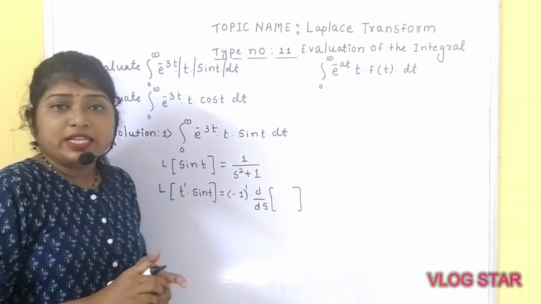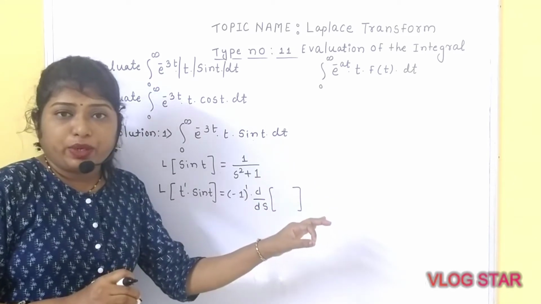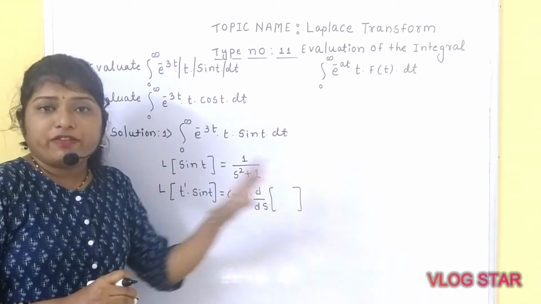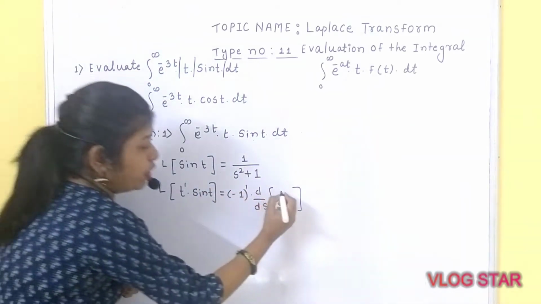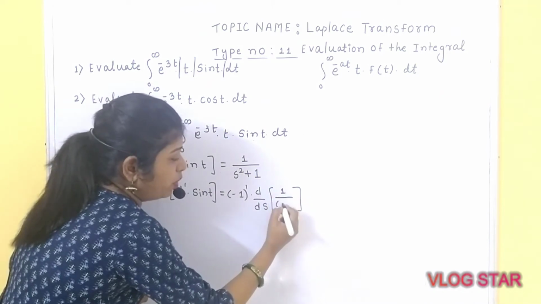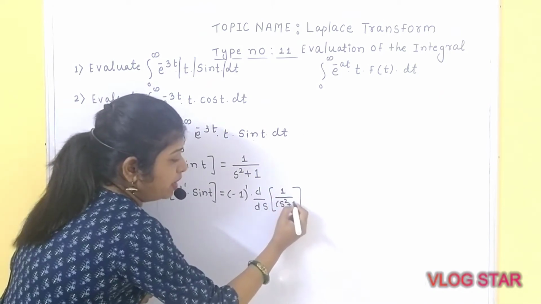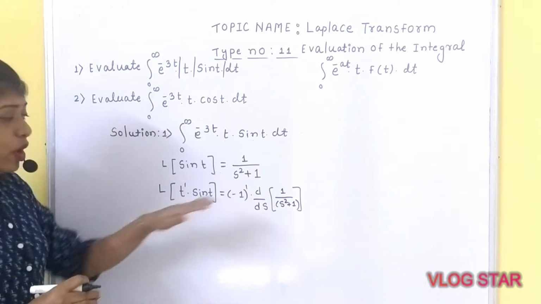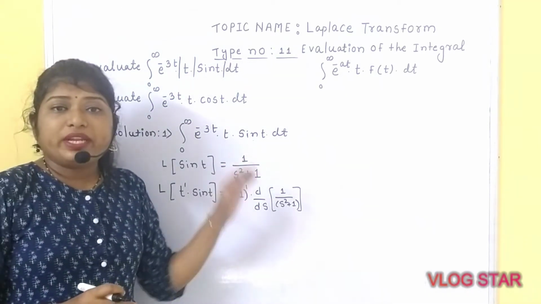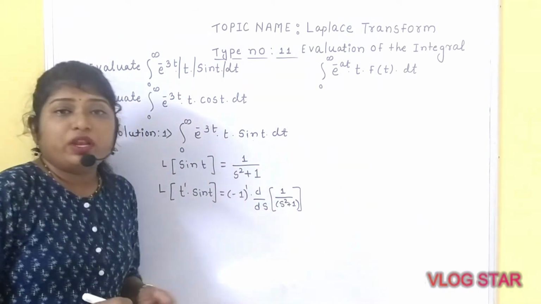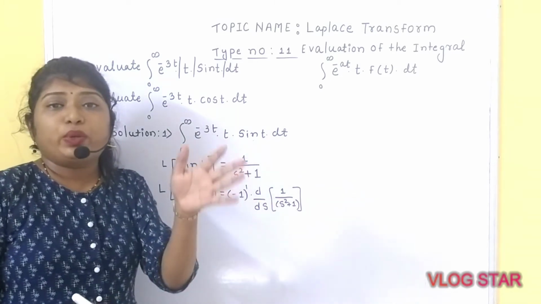What is phi of s? Phi of s is nothing but equal to Laplace of f of t. Here phi of s is 1 upon s square plus 1. So what we have to do? We have to take the derivative of this particular function with respect to s.